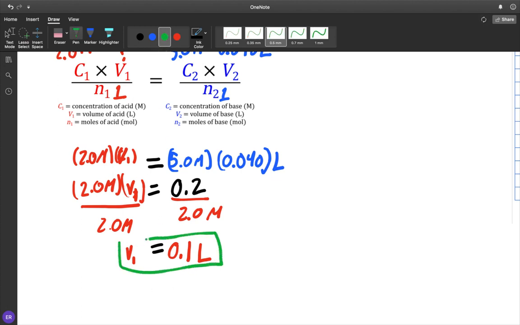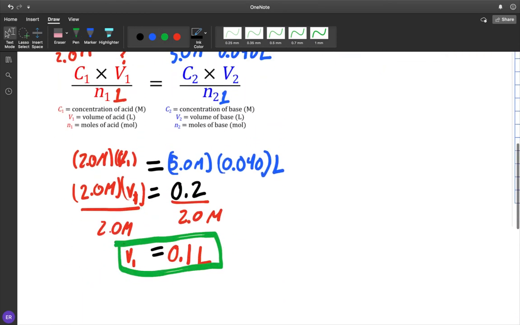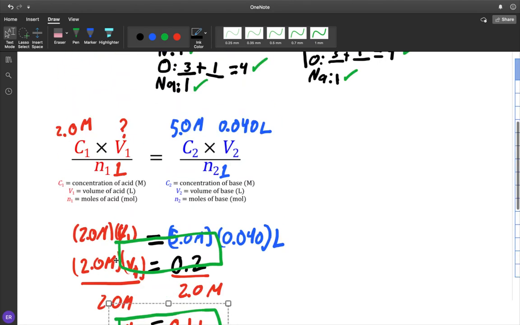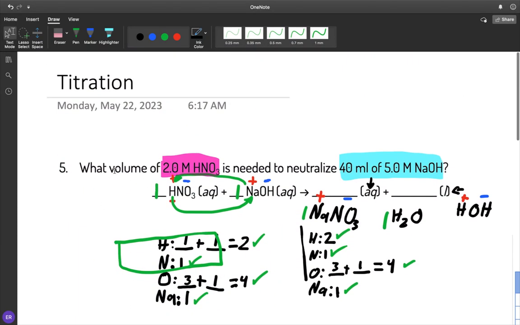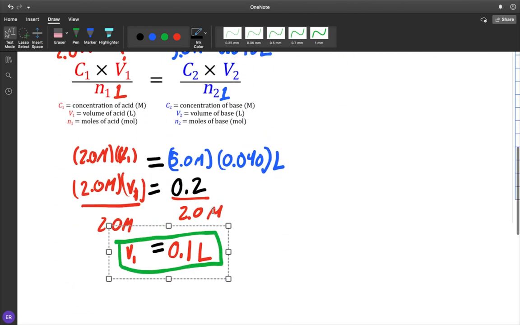If we go back to our question, it asks what volume of our 2.0 molar acid is needed to neutralize 40 milliliters of our 5.0 molar NaOH, and that volume is 0.1 liters, or if you want to put it into milliliters, instead of dividing by 1,000, we're going to multiply by 1,000.